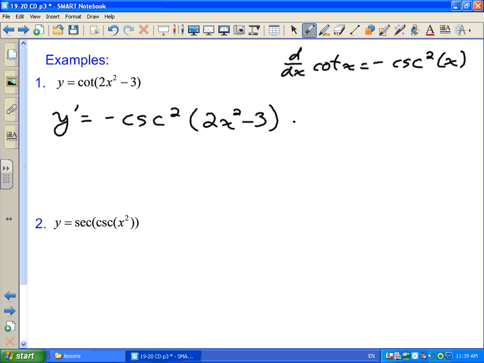So this gets multiplied by 4x. And there's our derivative. We could rewrite it negative 4x cosecant squared of 2x squared minus 3, but that really doesn't make any difference. So there's our chain rule.